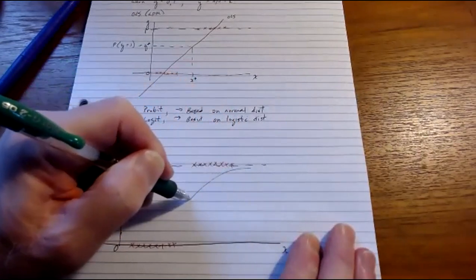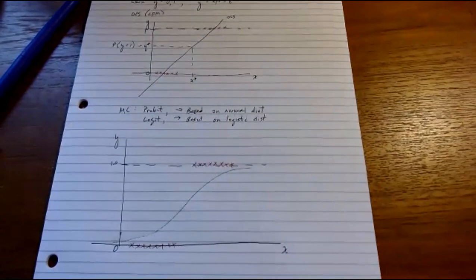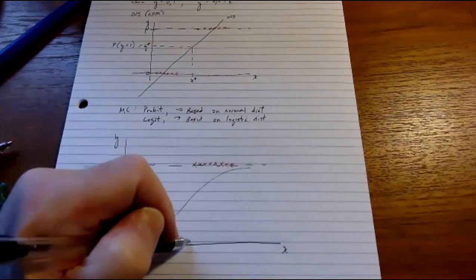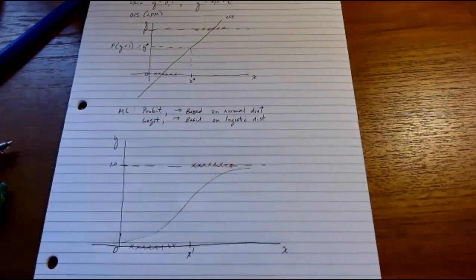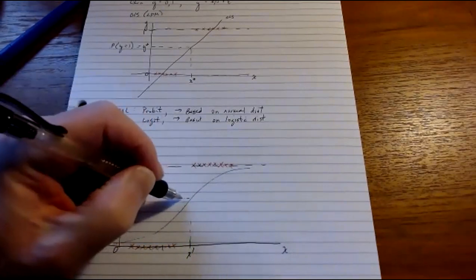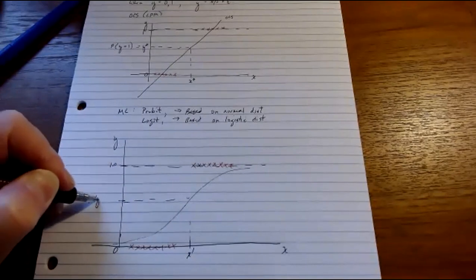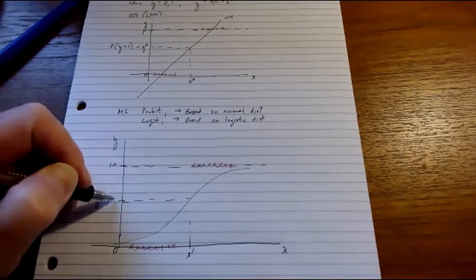And what that looks like is something like that. And again, for some value of x, we can use this regression line to predict the probability y equals 1 is going to be this.